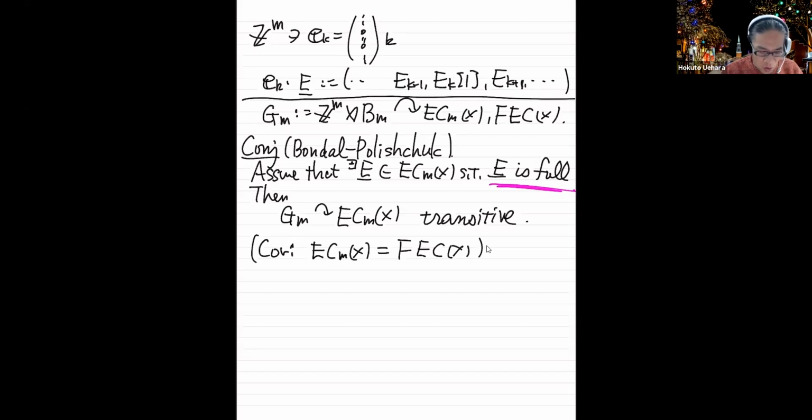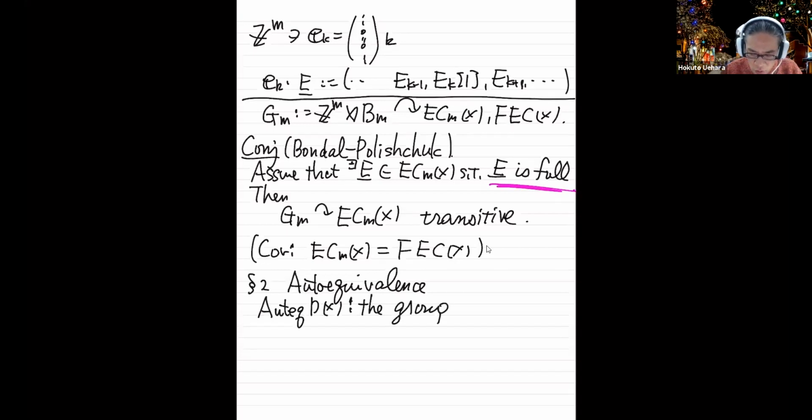Okay. So let me explain something about autoequivalences. If I denote Aut, this means the group of autoequivalences of D(X).